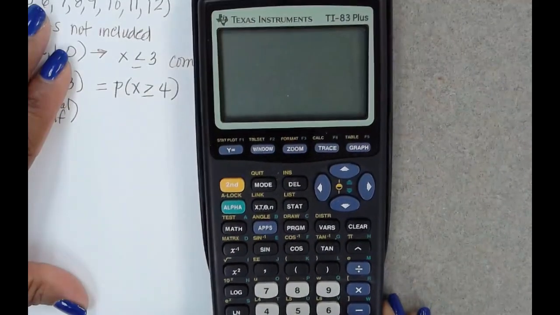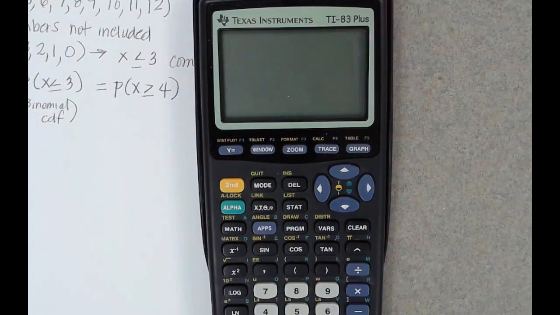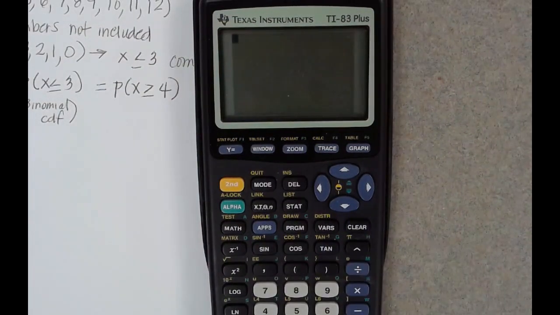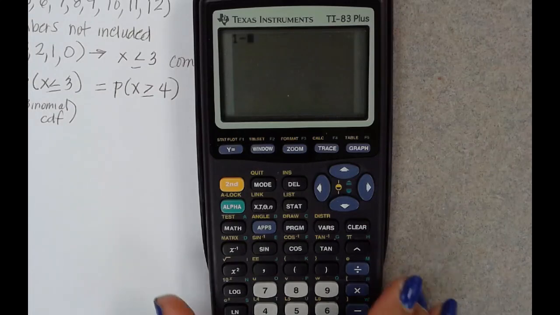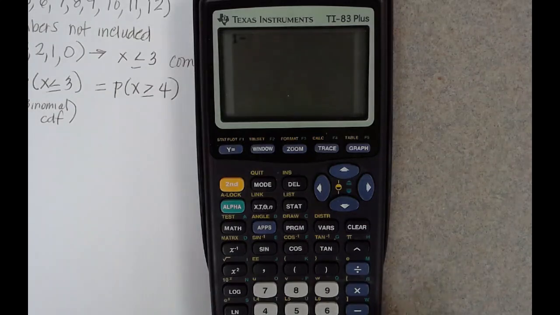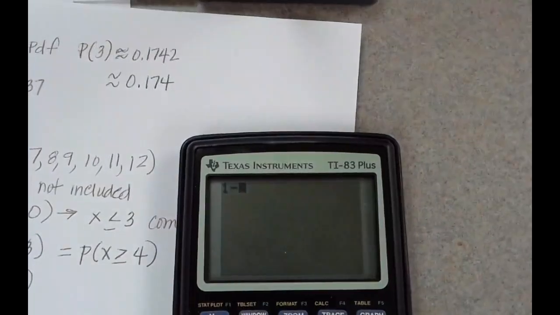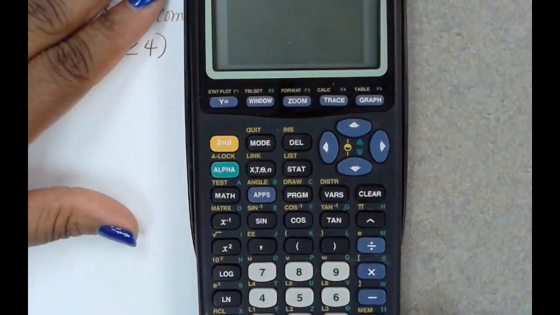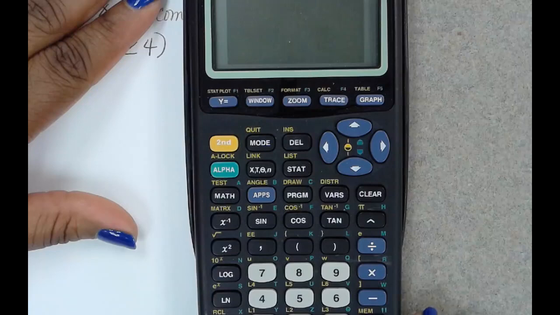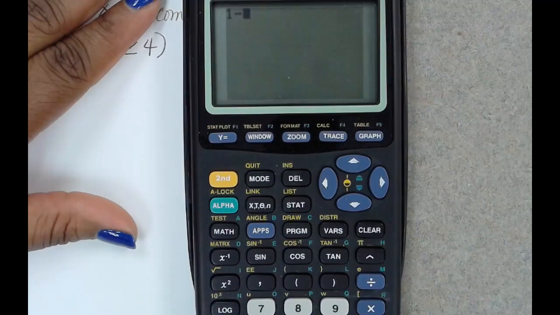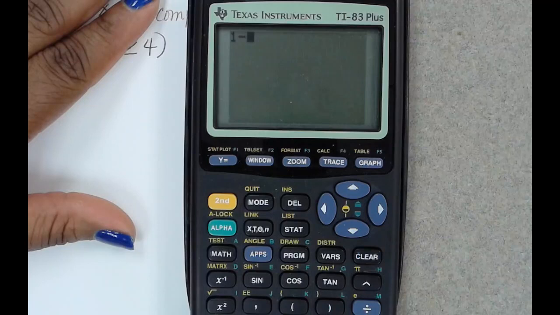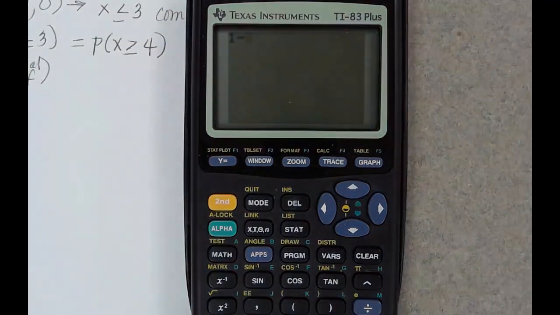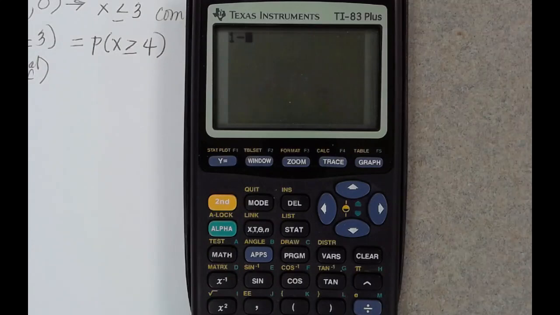I'm going to start off with 1 minus. Can y'all see that? Okay, 1 minus the binomial CDF of x less than or equal to 3.